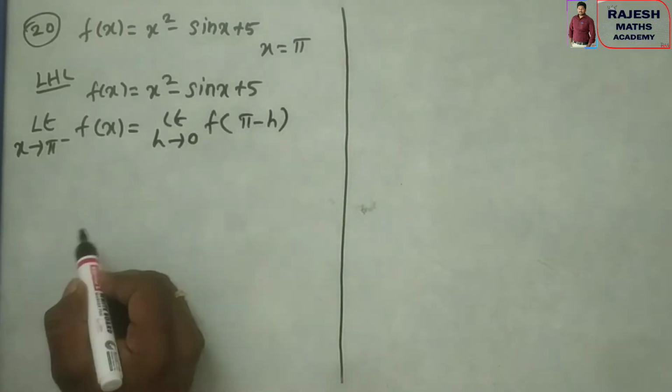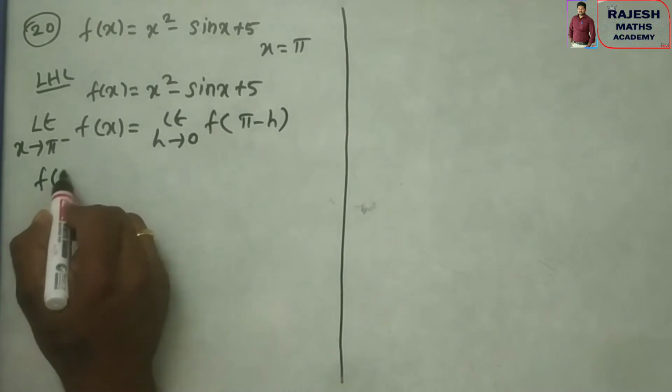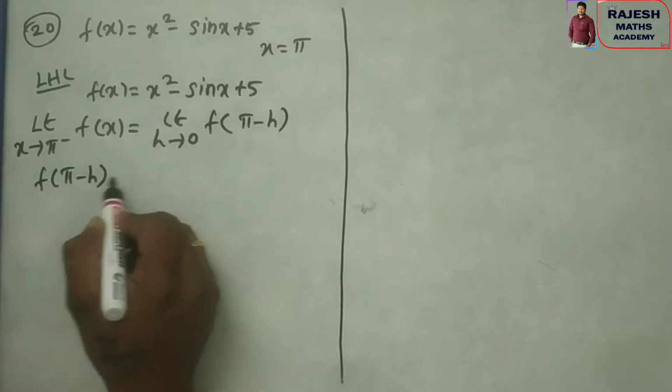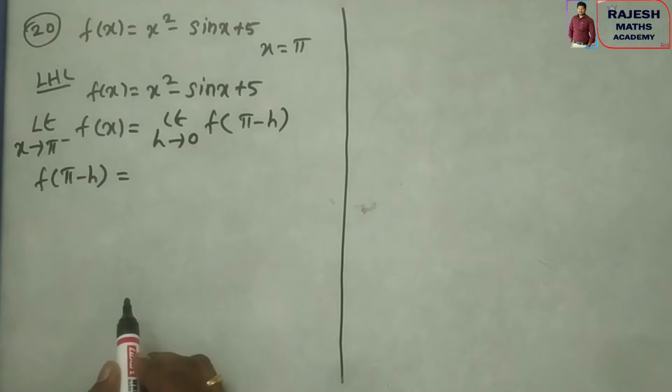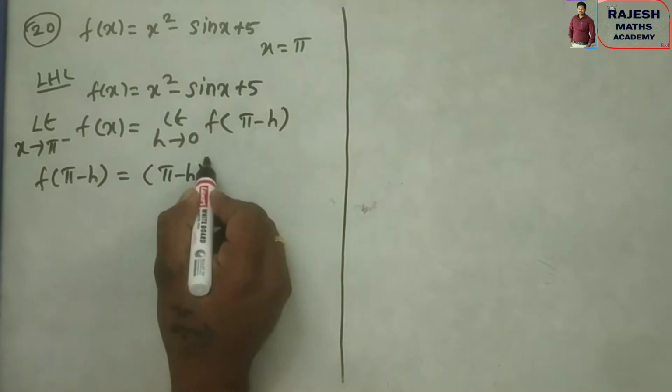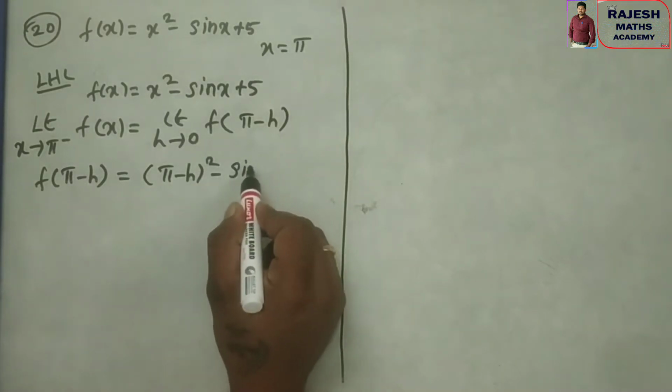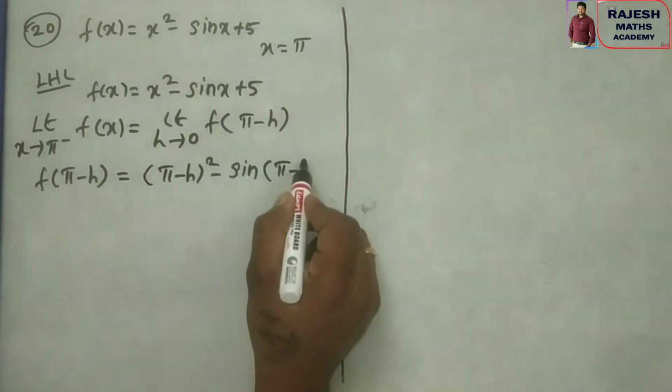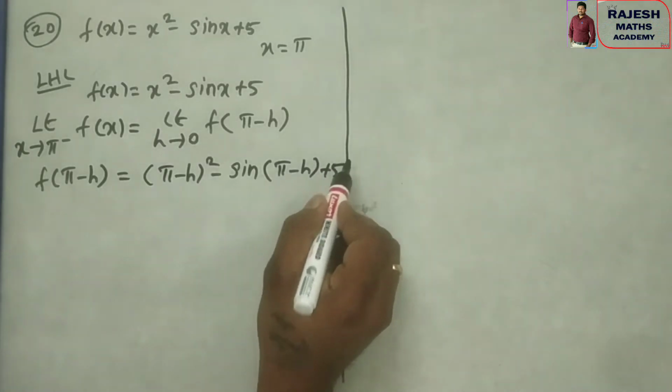So f of x value I already have. Substitute f of pi minus h, that is, replace x with pi minus h. So I will get pi minus h whole square minus sin of pi minus h plus 5.